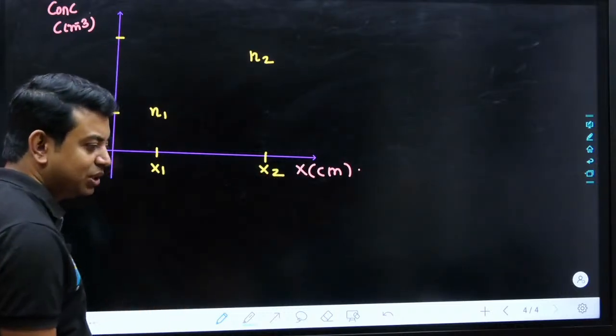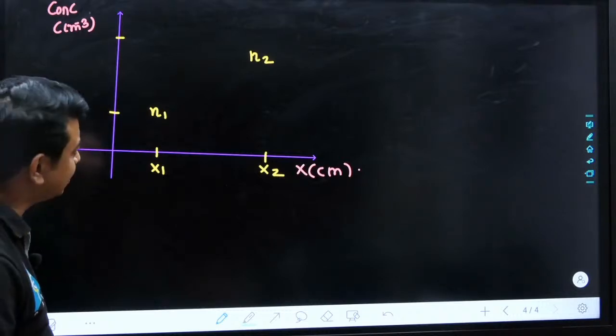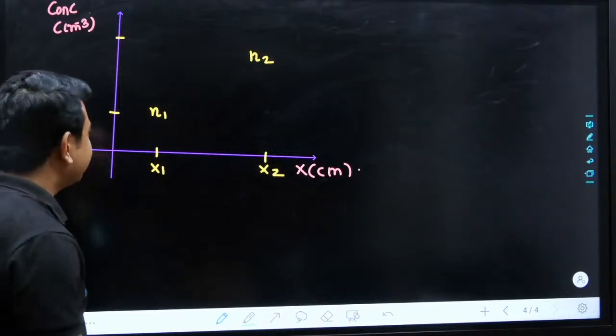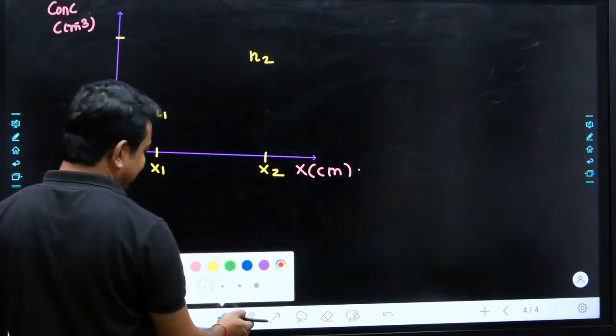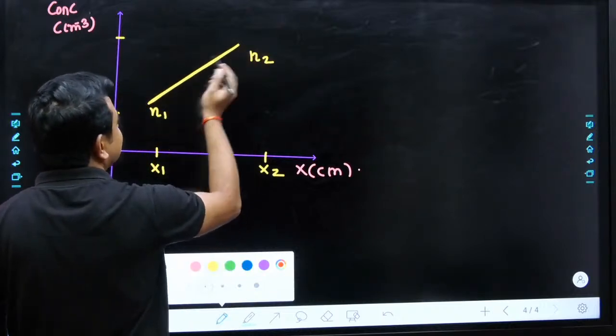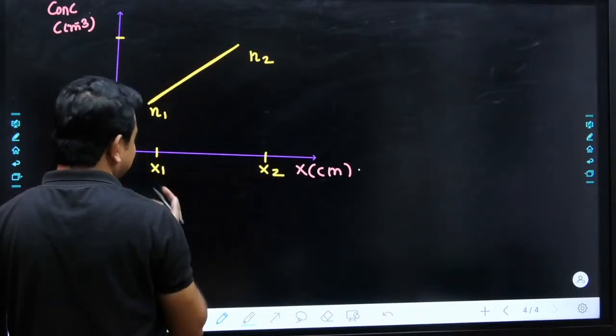If someone asks me to find the equation or the sign of the current inside this semiconductor body, and the concentration is changing linearly with respect to distance within the semiconductor.